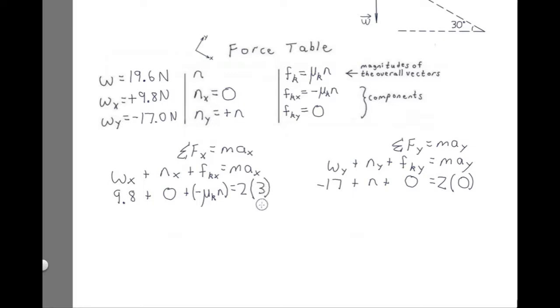Okay, so the problem gave us a value for a sub x, and we substitute that into this equation. Now we can make some simple simplifications. Adding a negative can clearly be rewritten as a subtraction. I guess I might as well do this easy calculation as well. 2 times 3 is 6.